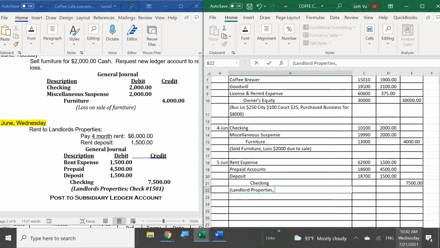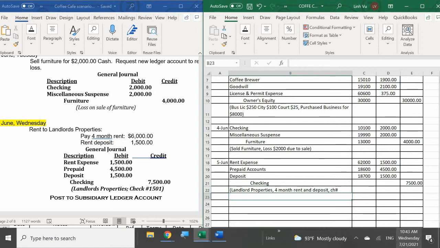And put things like I paid 4 months in advance or 3 months in advance. So I'm going to say 4 months rent and deposit. Okay. And then another crucial information is going to be your check number. Now, in this case, I don't know what my check number is.